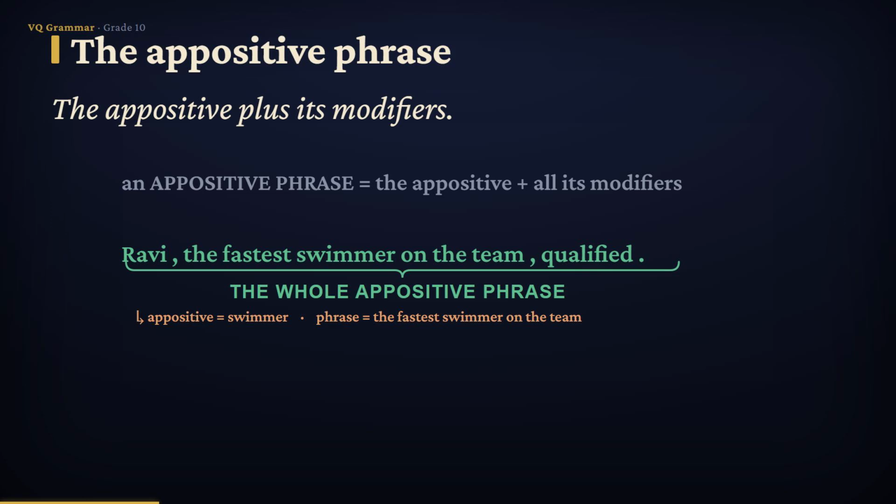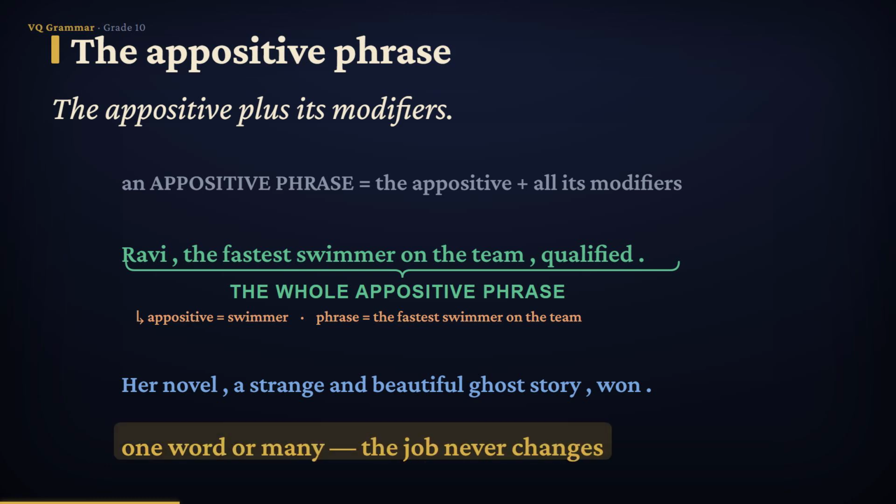Here's a longer one. Her novel, A Strange and Beautiful Ghost Story, won. That whole chunk is one appositive phrase, and it renames the noun novel. So an appositive can be one bare word or a whole handful of words. Either way, its job never changes. It renames the noun sitting beside it.